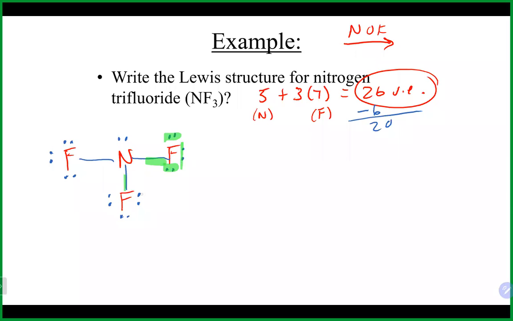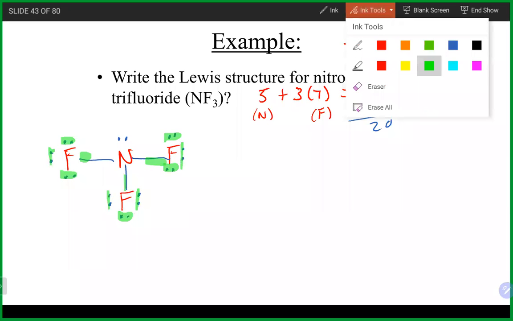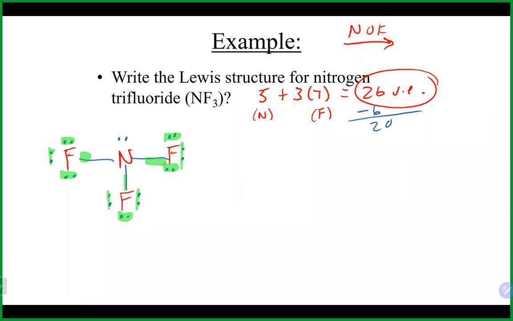This fluorine: 2, 4, 6, 8. 2, 4, 6, 8. And now if we look at the nitrogen here, it has 2, 4, 6, and 8. So everybody has 8 electrons, and that would be the correct Lewis structure without all the highlighting.